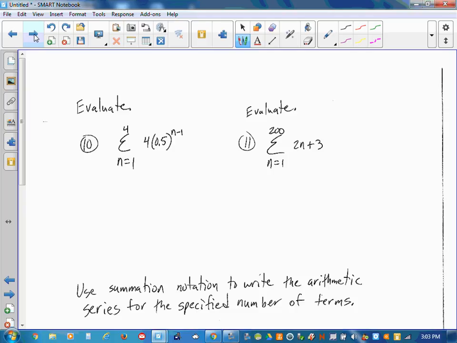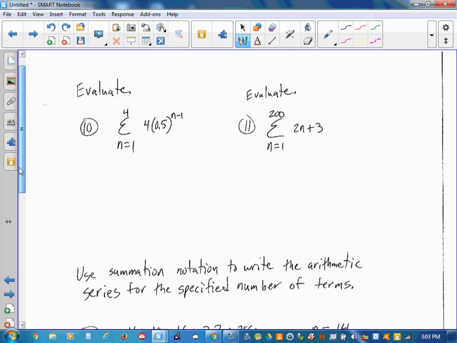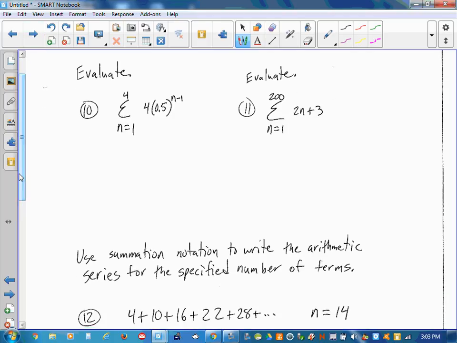All right, evaluate. This one here is a finite geometric. I know that it's geometric because of the explicit formula there. That would be r, because I'm multiplying by a half each time. There's two ways to do this problem. You can do the formula, which is probably actually harder than just doing the problem and writing the numbers down.